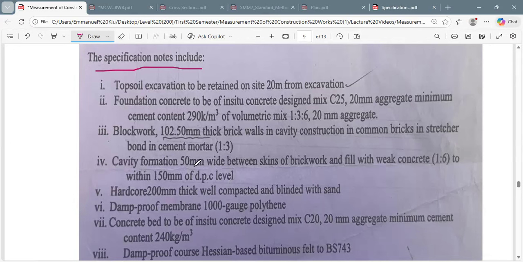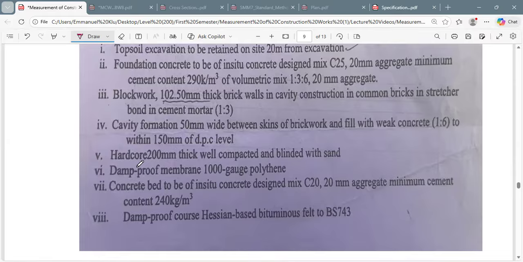Cavity formation 50 wide between skins of brick, filled with weak concrete 1:6 to within 150 of damp-proof course level.